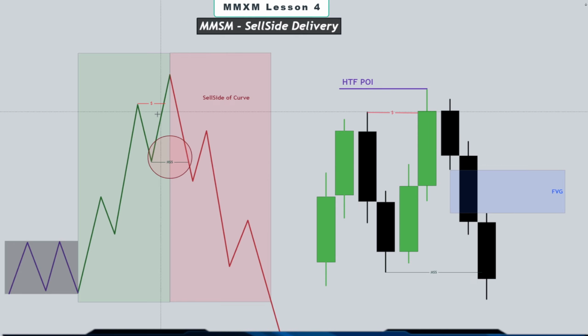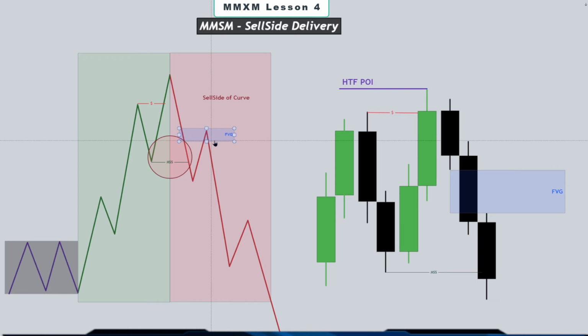Below that is your highest probability market structure shift. Yes, it will work if you look into the intermediate terms, but the highest probability will always be that low. Okay, and again the fair value gap will confirm the valid break of structure or market structure shift.